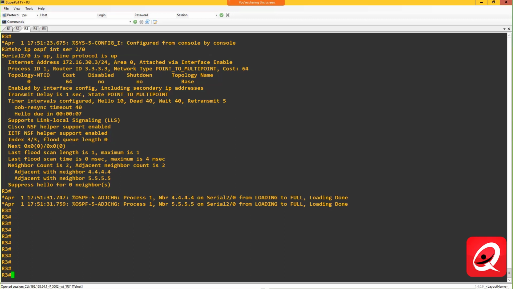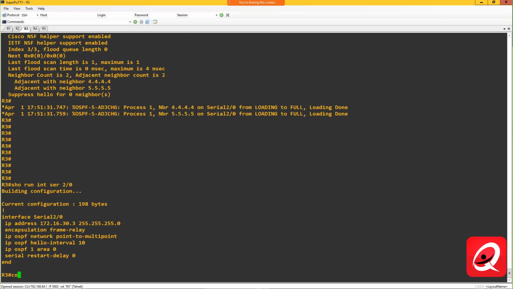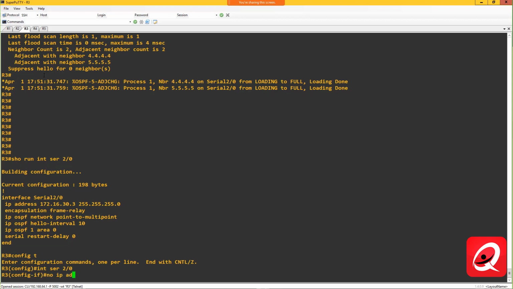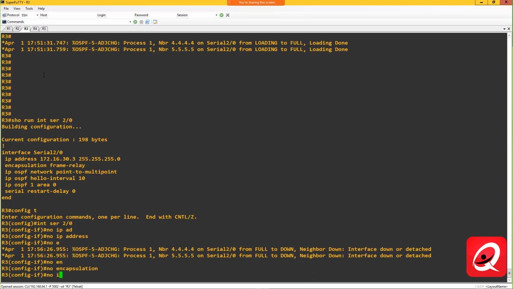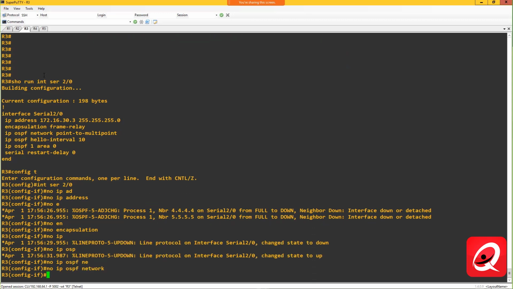But now what I have to do in router 3 is something a little bit different here. Okay? Let's do a show run interface serial 2/0. And we're going to go into interface serial 2/0. We're going to do no IP address and no encapsulation. Let's also take off IP OSPF network and no IP OSPF hello.